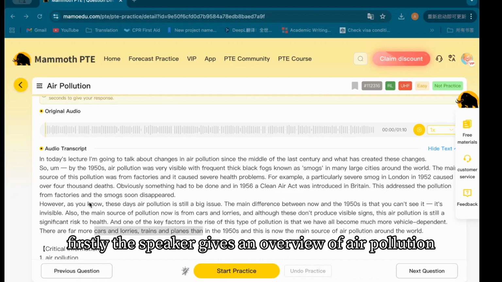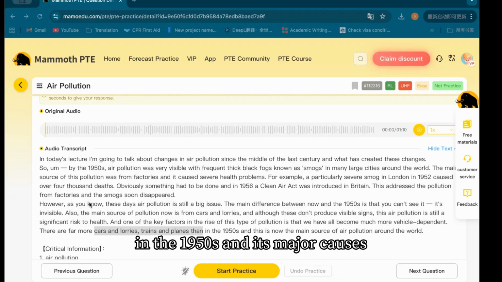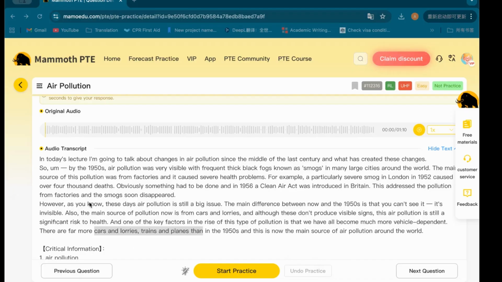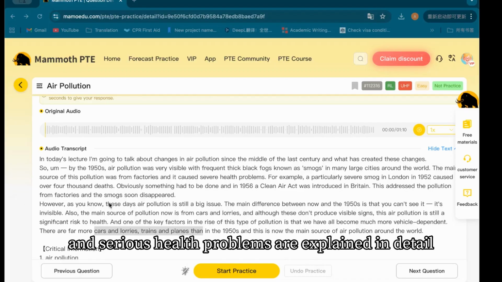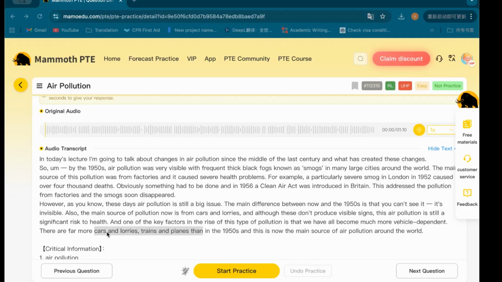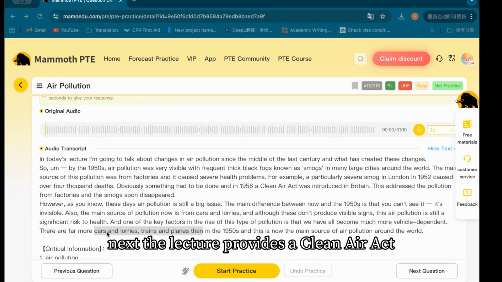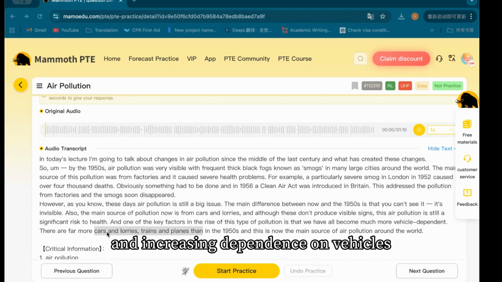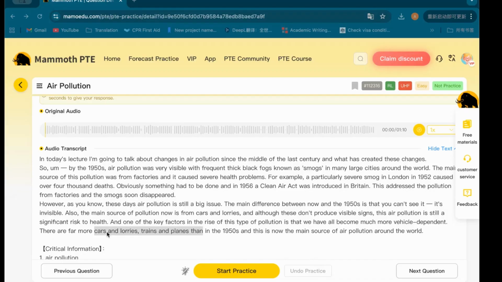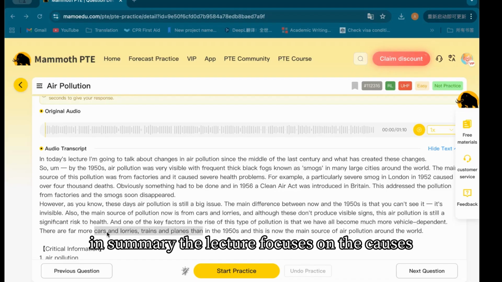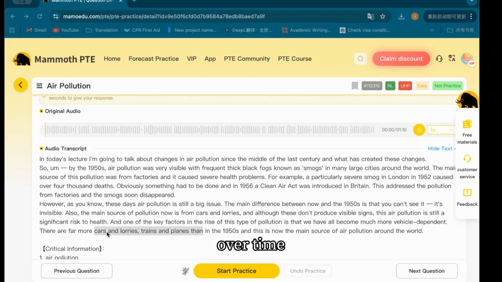Firstly, the speaker gives an overview of air pollution in the 1950s and its major causes. Then, visible smoke and serious health problems are explained in detail. Next, the lecture provides a Clean Air Act and the disappearance of smoke. Furthermore, the speaker illustrates today's invisible pollution and increasing dependence on vehicles. In summary, the lecture focuses on the causes and the development of air pollution over time.